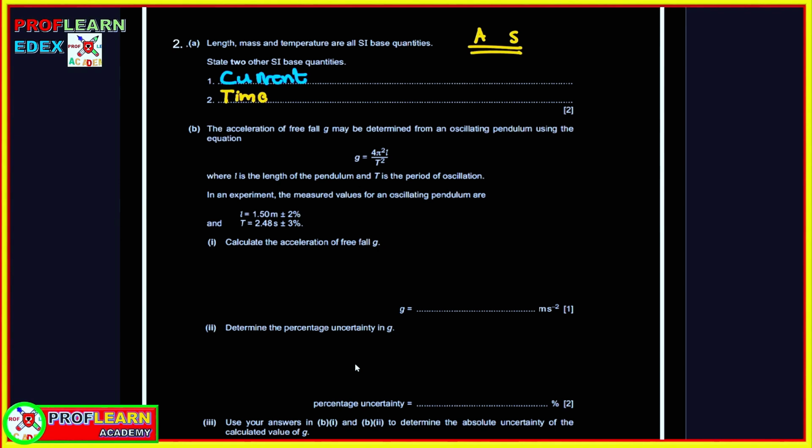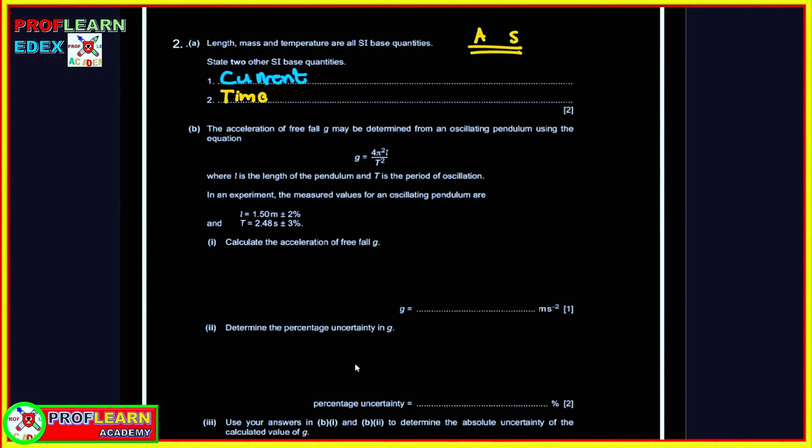In the experiment, the measured values of an oscillating pendulum are as shown here. We were given L equals 1.50 meters, uncertainty of plus or minus 2%, and time period T 2.48 seconds, plus or minus uncertainty of 3%. Calculate the acceleration g.